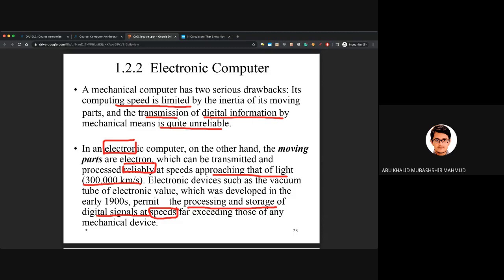These two things make it a better computer than the mechanical one. So for example, if you are asked to give the difference between the electronic computer and the mechanical computer, you need to focus on reliability and speed. That would be all.